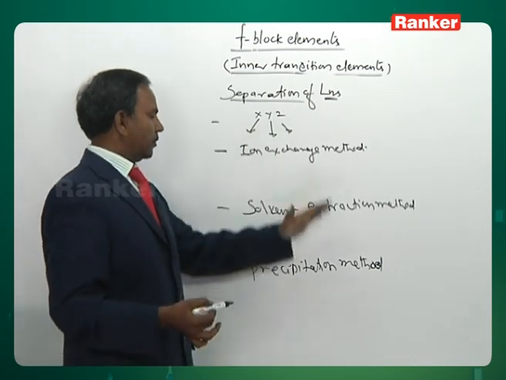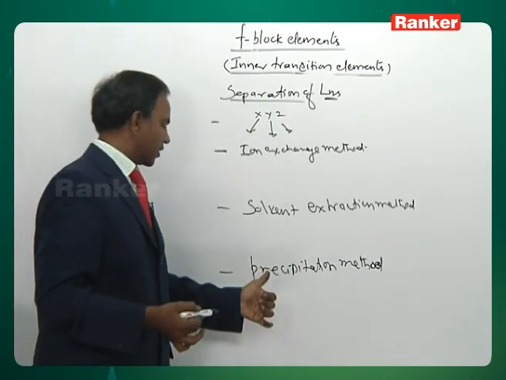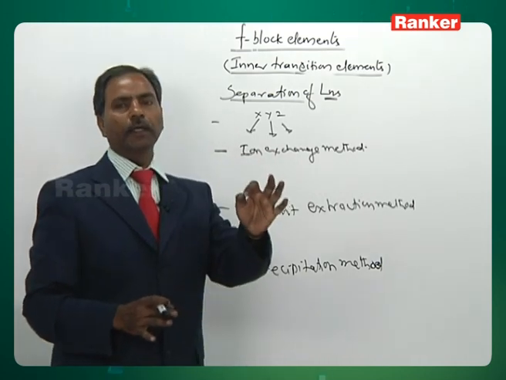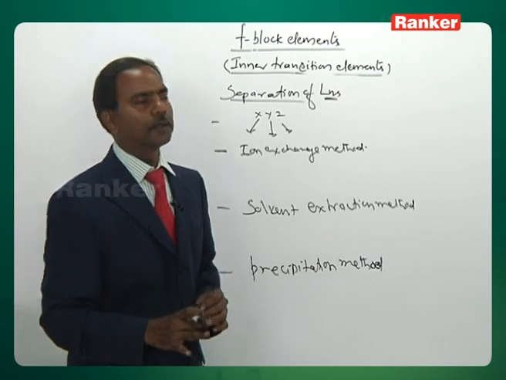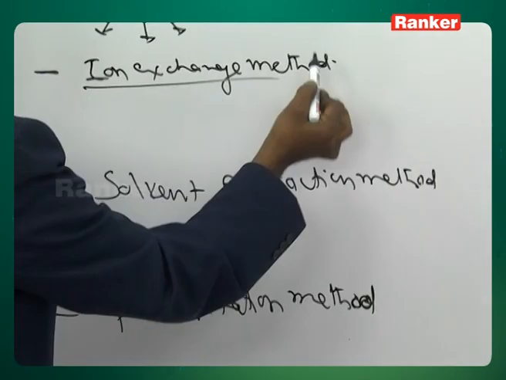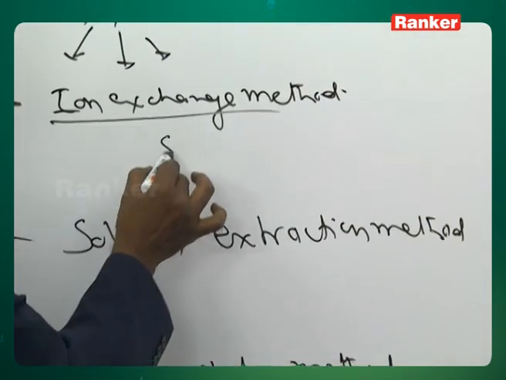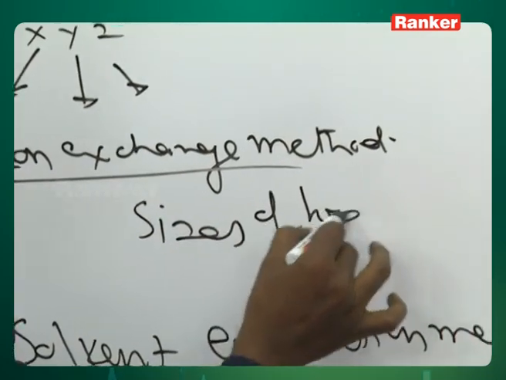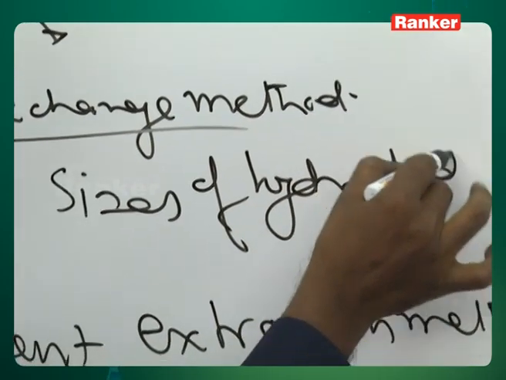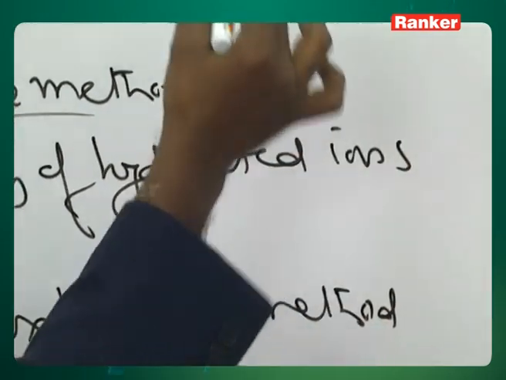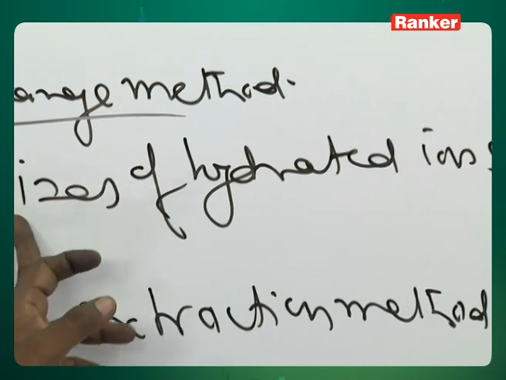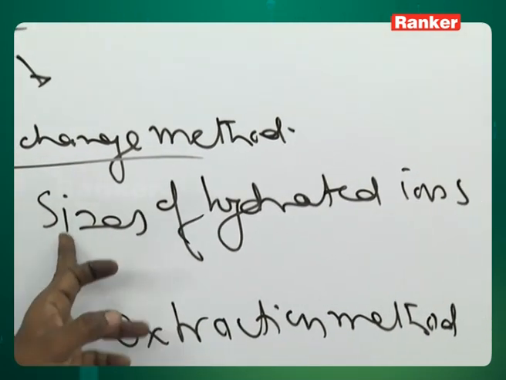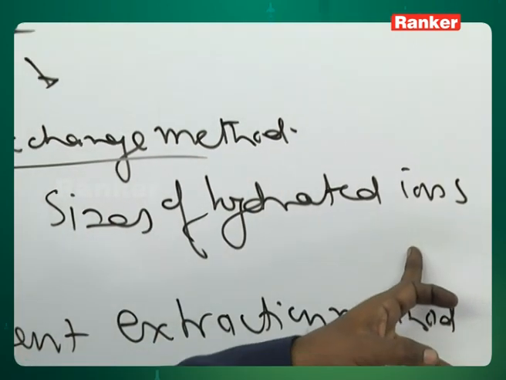Mainly, questions appear on these methods: ion exchange, solvent extraction, and precipitation. Each method is dependent on what factor? That is very important to remember. The ion exchange method is based on the sizes of hydrated ions.